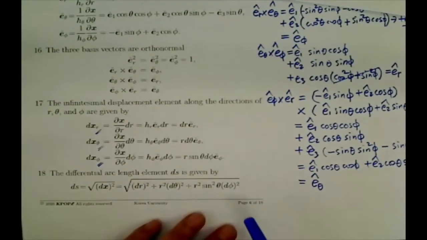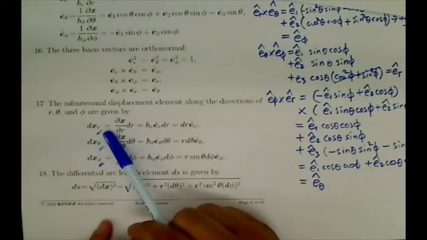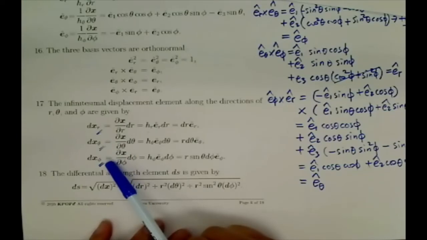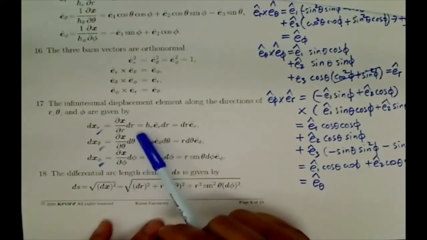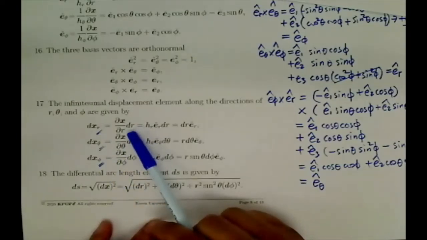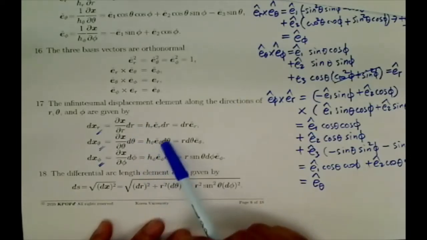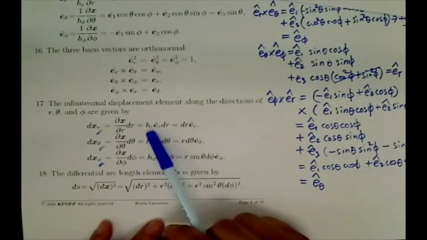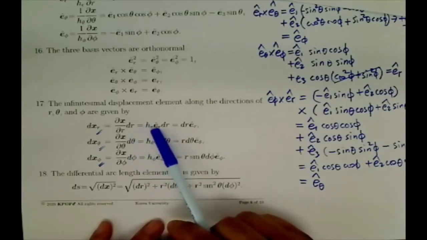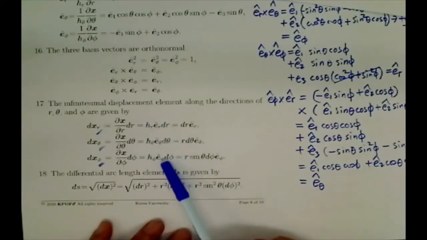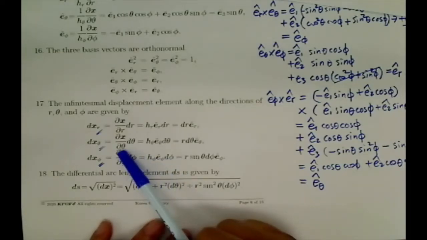In addition, the displacement along each axis, the r-axis, theta-axis, and phi-axis, is just the partial derivative with respect to that coordinate multiplied by the change in that coordinate. This gives the unit vector along that direction multiplied by its magnitude.